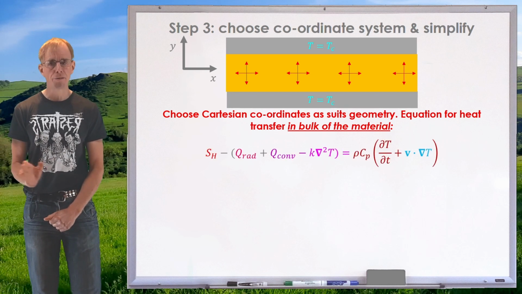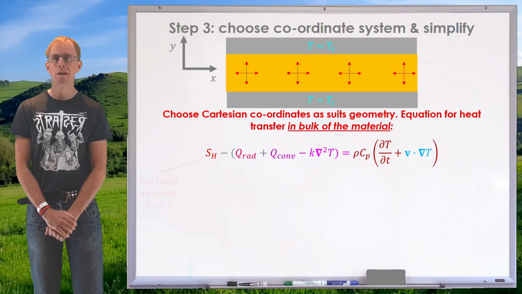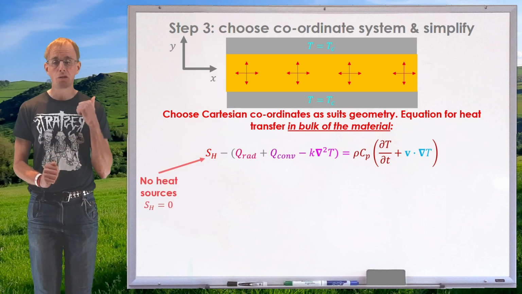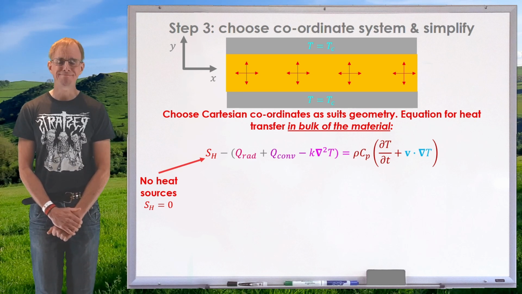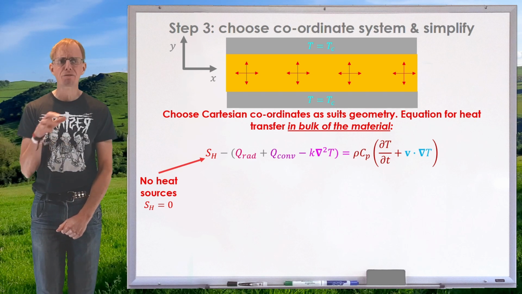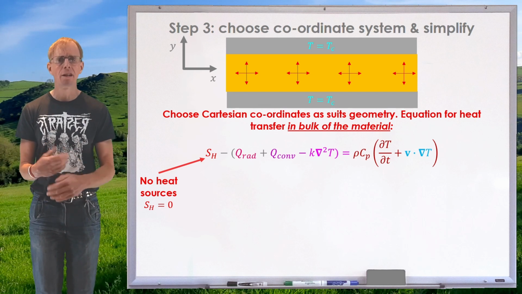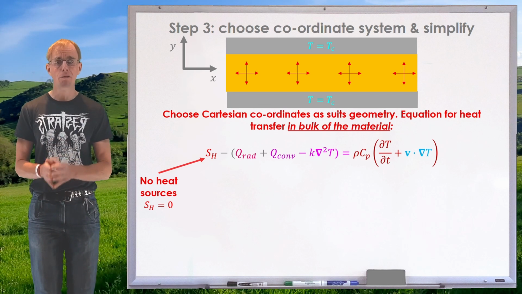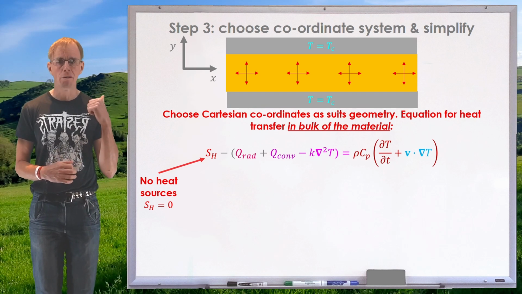And again, let's go through this term by term so we understand exactly what physics we're including in the problem. I'm going to assume that there are no heat sources. Now, if we were actually driving a phase change here, that wouldn't strictly be true. We'd need to take into account the latent heats. I'm not going to for the purposes of this problem, but if we were to include it, that's where it would appear.